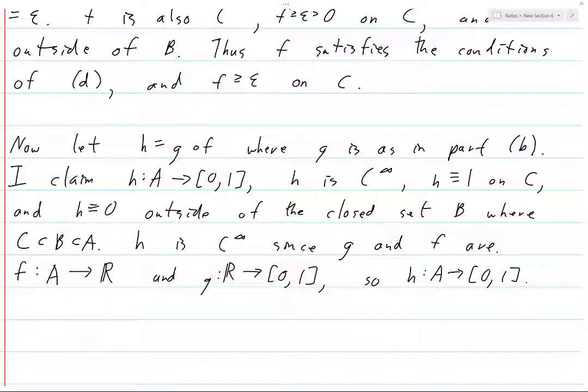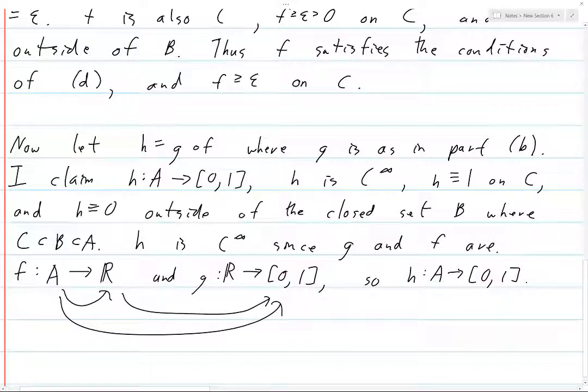But anyways, we know that H maps from A to 0, 1, so that's two things out of the way.